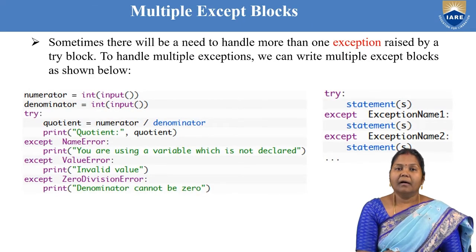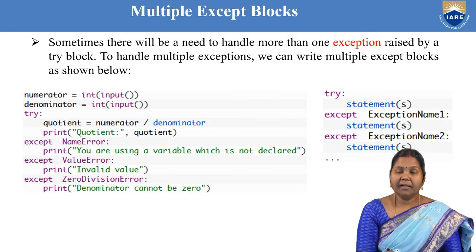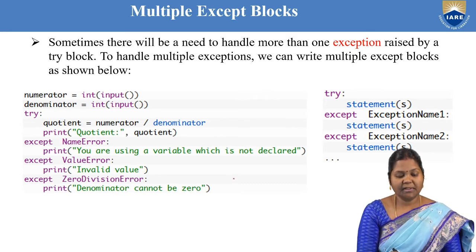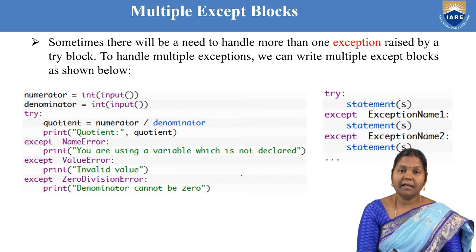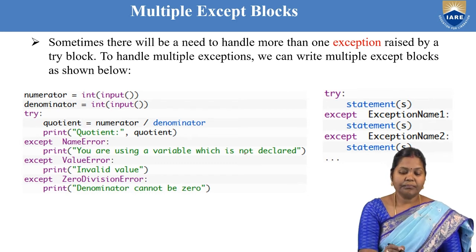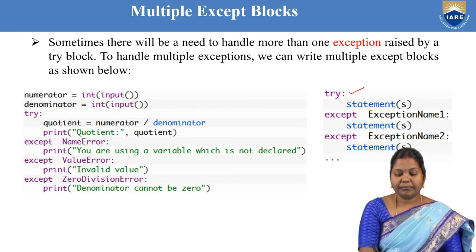Now, if there are multiple except blocks, how does a program get executed? Sometimes we need to handle more than one exception raised by the try block. So, to handle multiple exceptions, we can write multiple except blocks in our program. How to write multiple except blocks? First, let us see the syntax. Here you can see try is the try block.